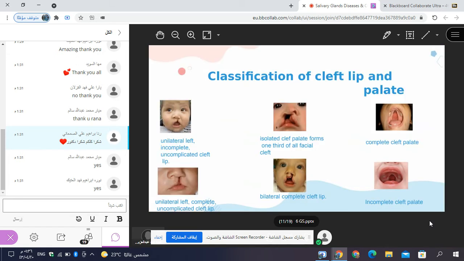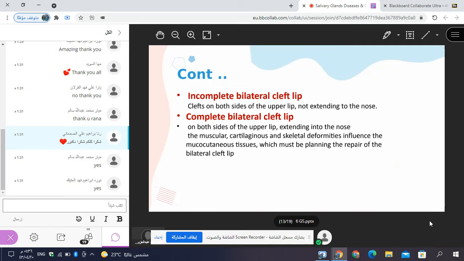Here, in the first line of the second picture, isolated cleft palate forms one third of all facial clefts. In the second line, we have bilateral cleft lip. Incomplete bilateral cleft lip means a cleft in both sides of the upper lip which does not extend to the nose.